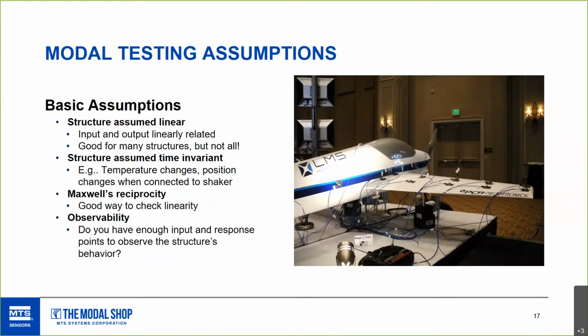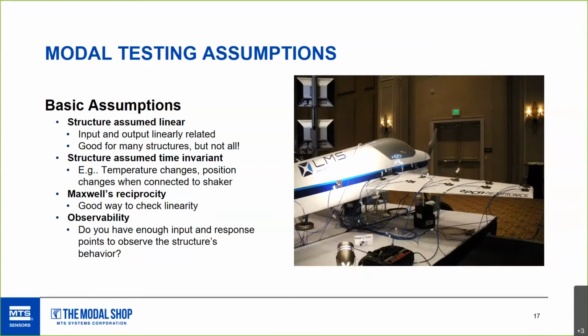Make sure everything's the same before you start varying and moving sensors or doing anything where you can vary the structure. And if you're roving sensors, you might also be using a dummy mass to maintain that mass at your sensor location. So you might have only a few sensors, but more dummy masses that are moving around to maintain that time invariance.